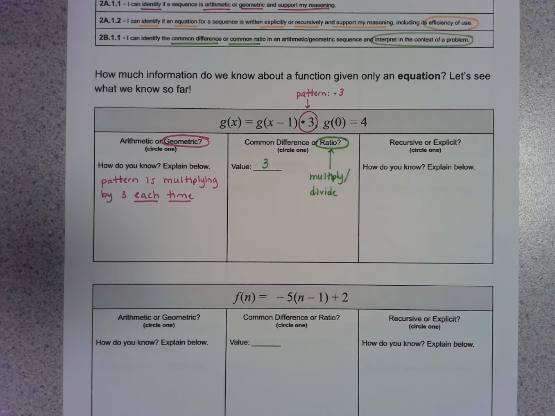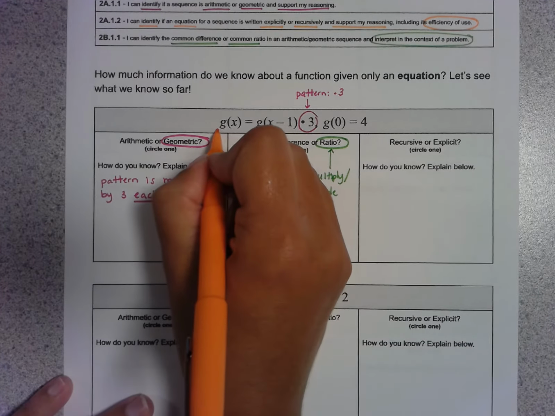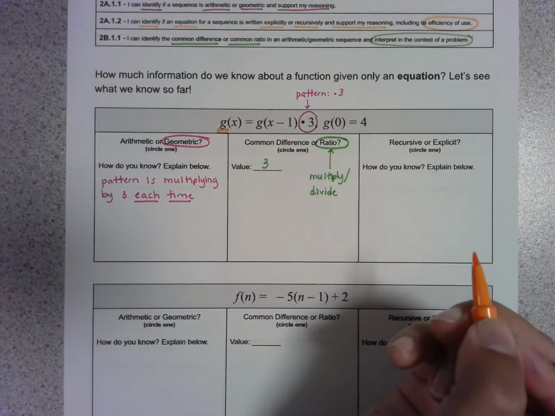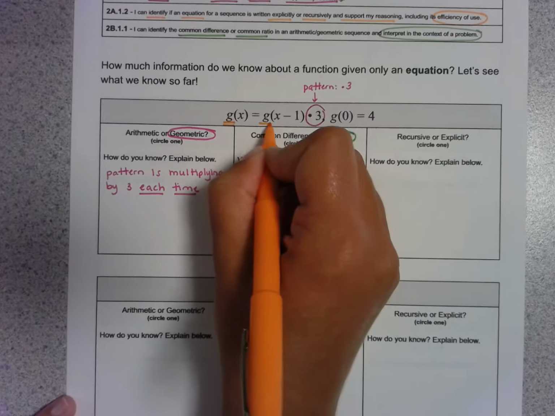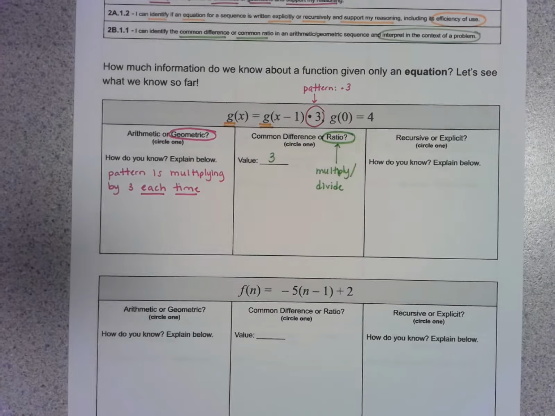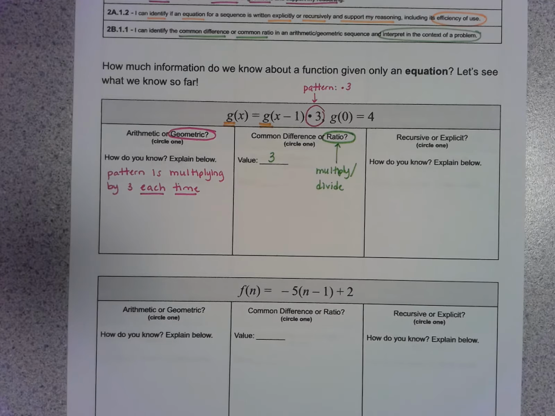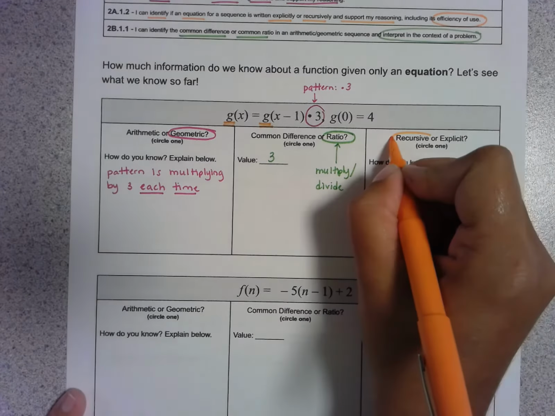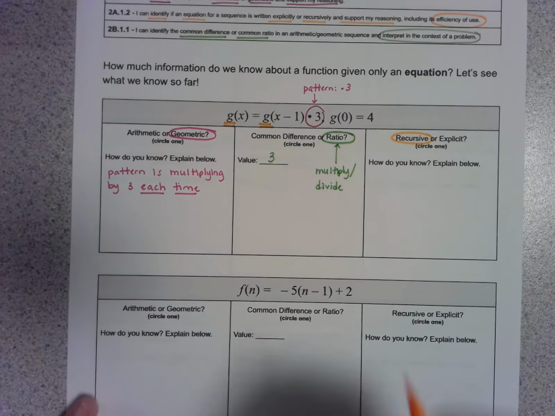And then last but not least, based on the format of this equation, because I'm seeing g of x, which is the output, is equal to g of x minus 1, which is the output, I'm going to say that this is a recursive equation. How do I know?